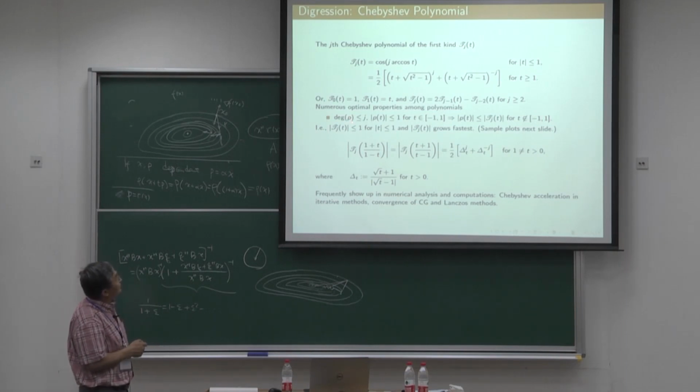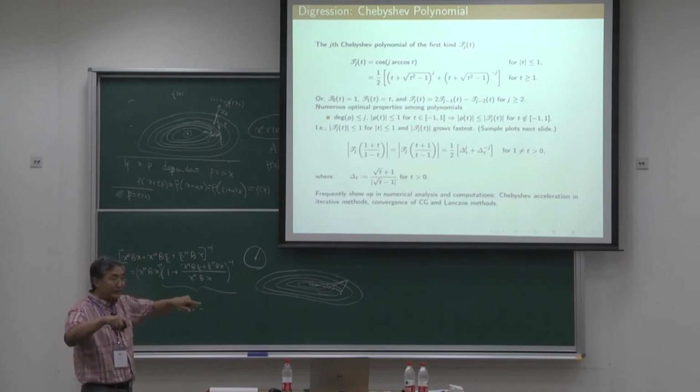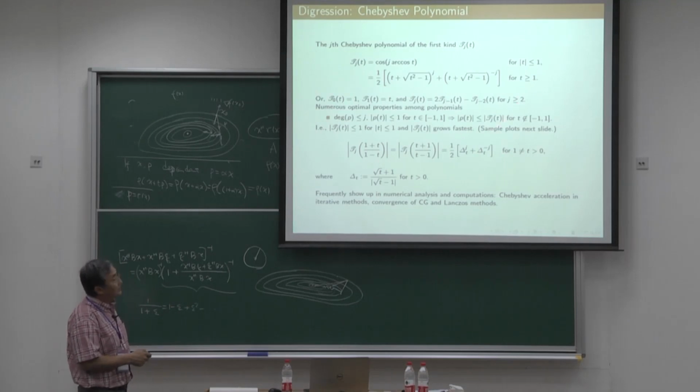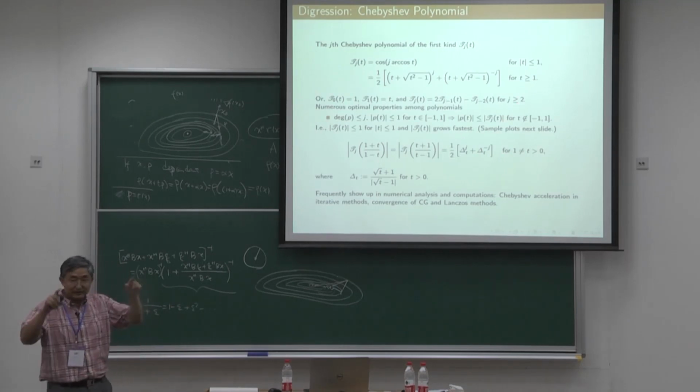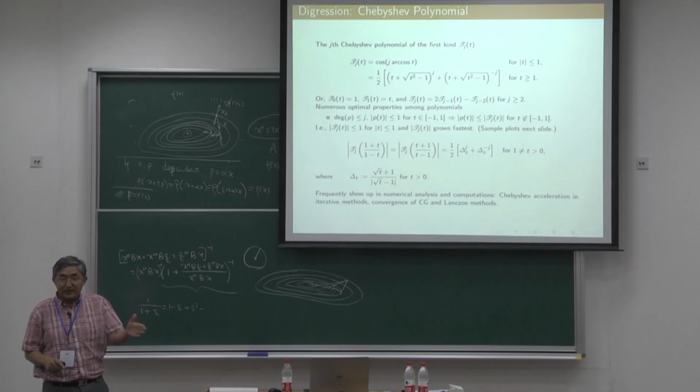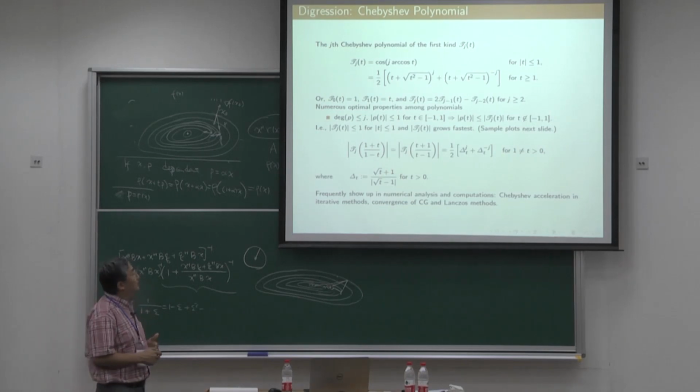You look at all polynomials of degree no bigger than j that take values no bigger than 1 between -1 and 1. Then outside the interval, the Chebyshev polynomial is the biggest. It means it increases faster than any other polynomial if they are all bounded between -1 and 1 in the interval.